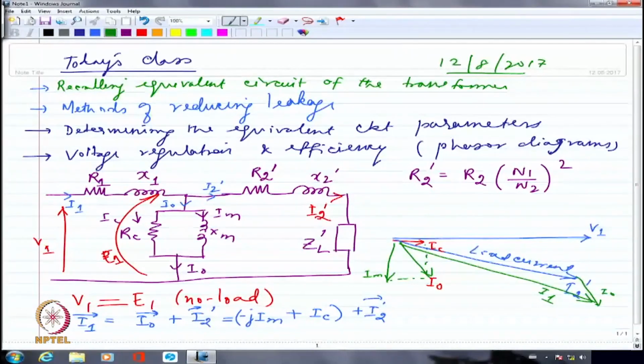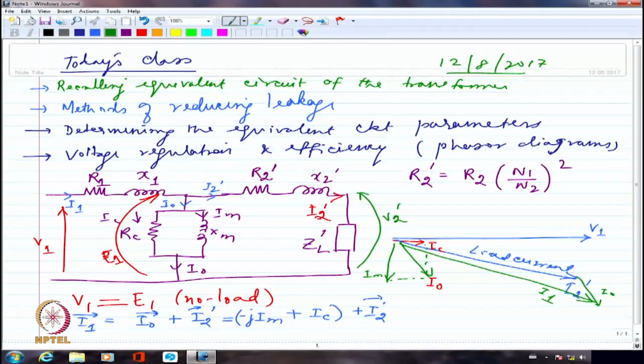If I draw the power factor, the load current power factor, I have taken that as the angle between V1 and I2 dash, which is not accurate. I should take it as V2 dash and I2. I have to look at what V2 dash is. V2 dash is what is available here. This is V2 dash. I hope you understand.